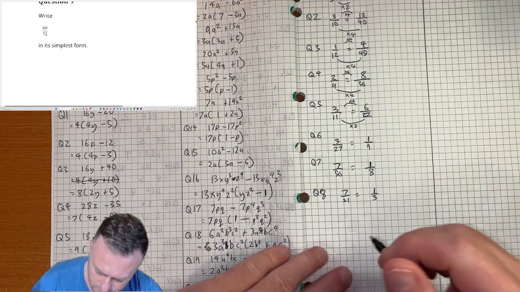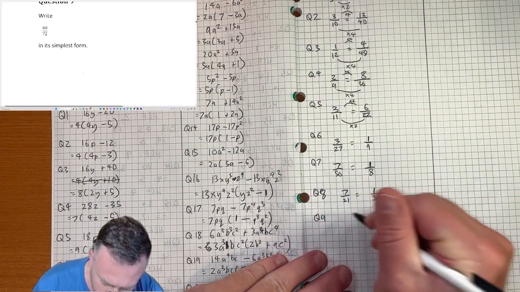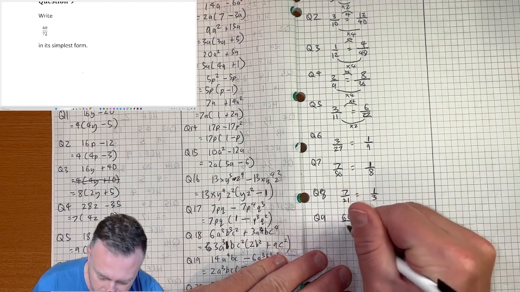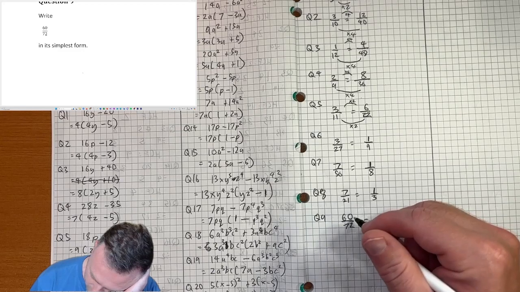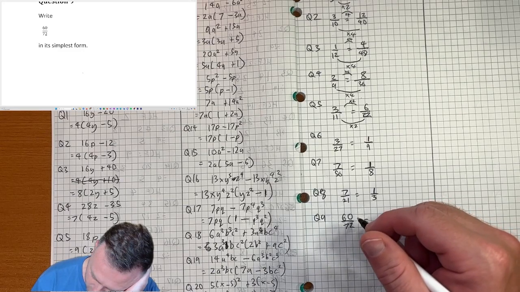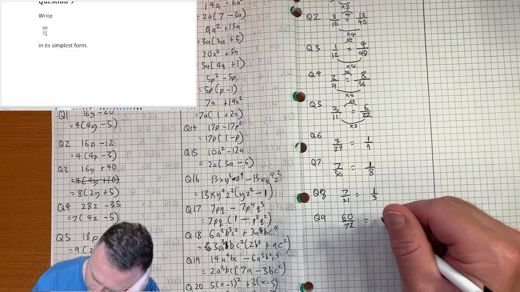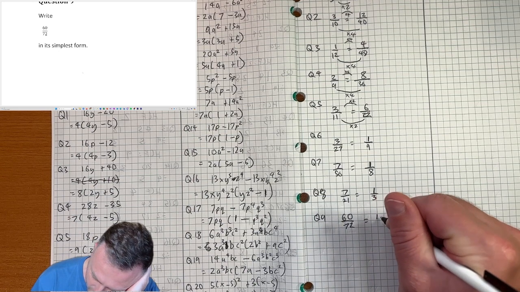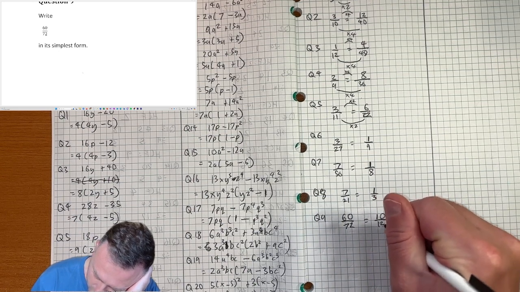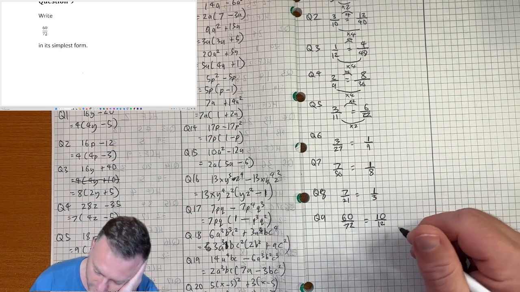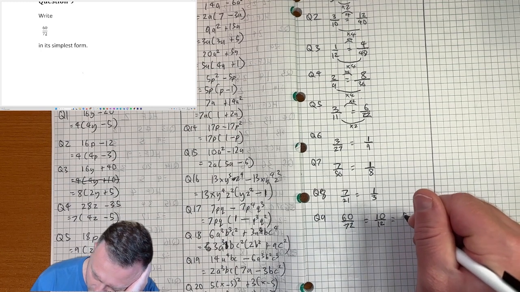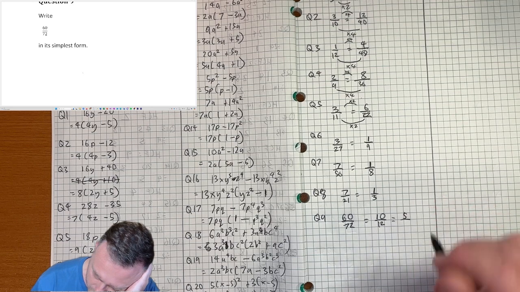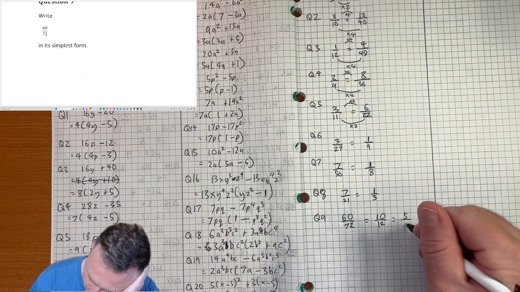60/72. So question 9, we've got 60/72. Can we do it bigger? Let's see what happens. If we divide them both by 6, we get 10/12. And then we can divide both those by 2 again. So then we get 5/6.